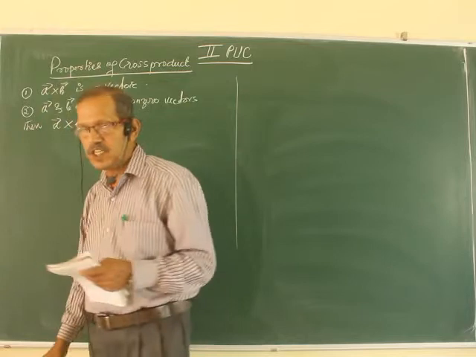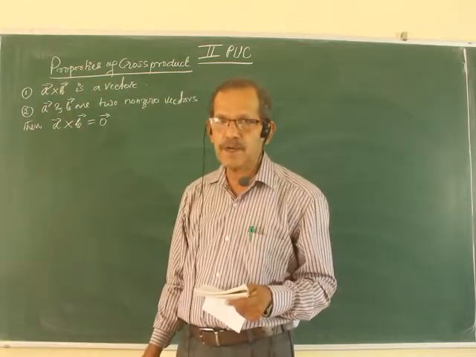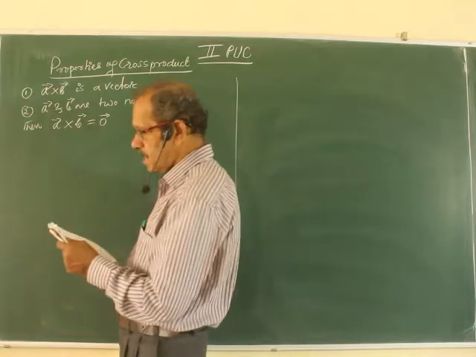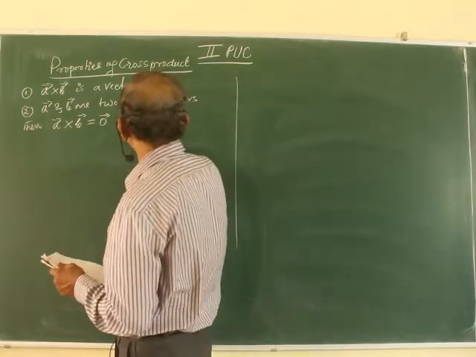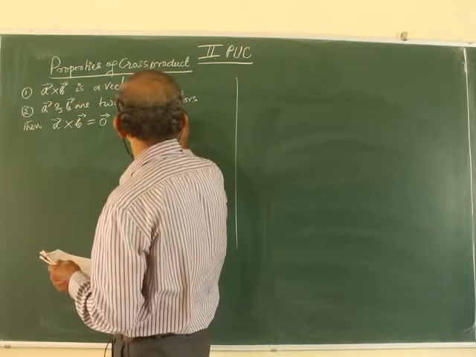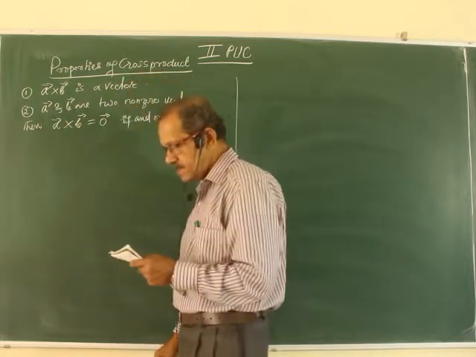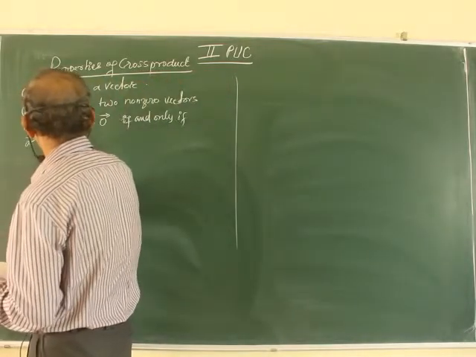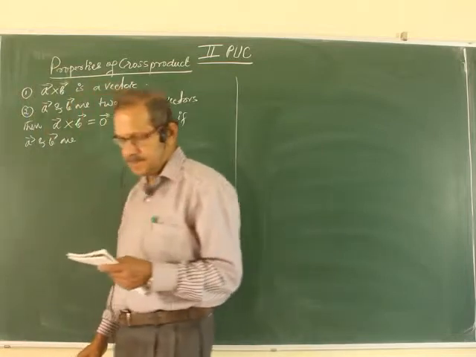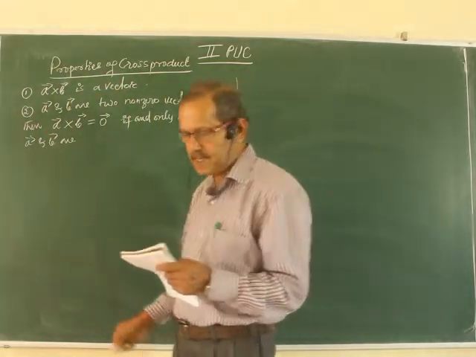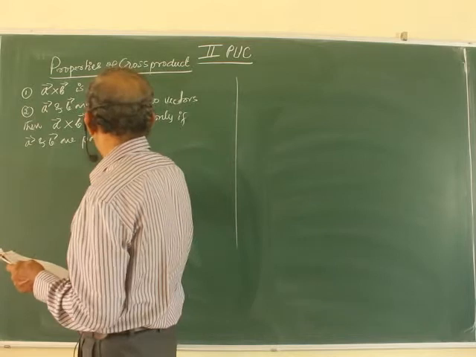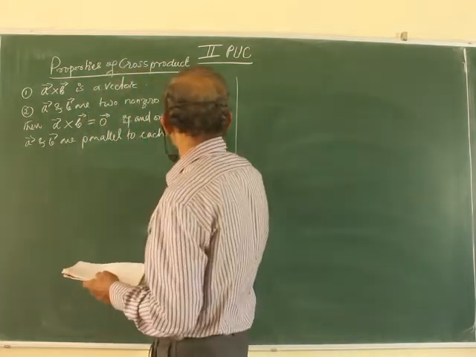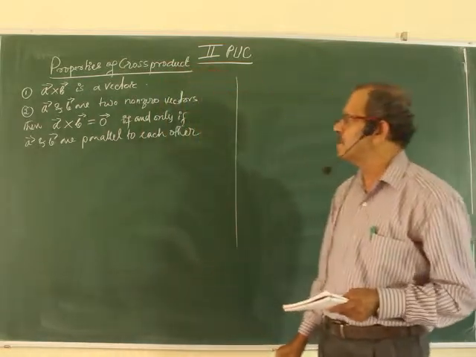Remember, don't write just 0 because cross product is always a vector. Don't write just a simple number 0. It is a vector, if and only if A and B are parallel vectors, parallel to each other.